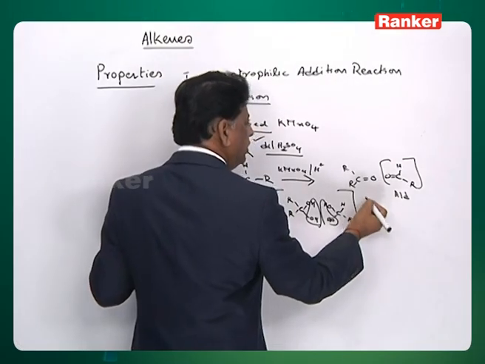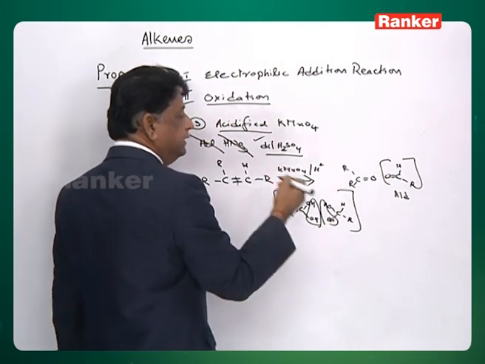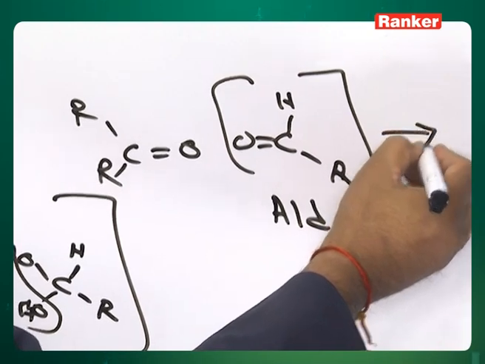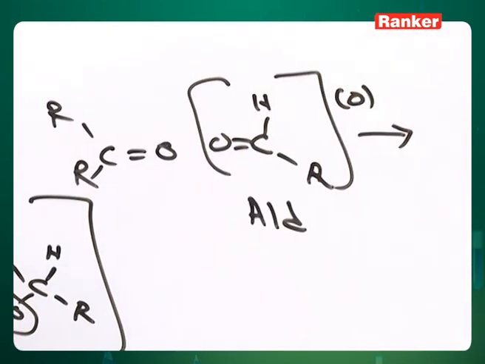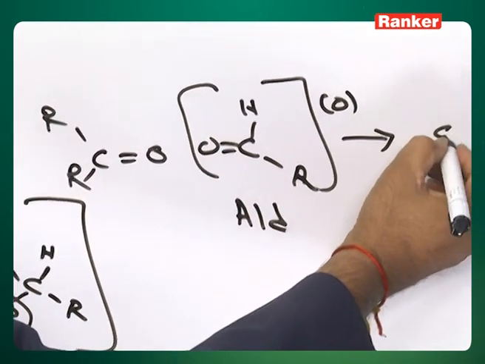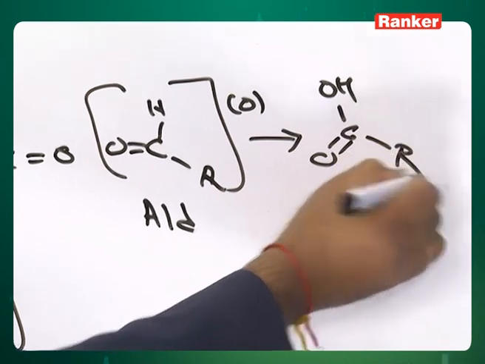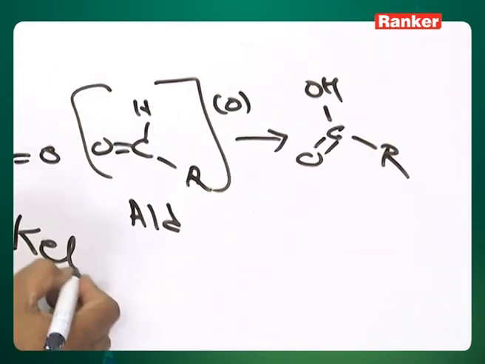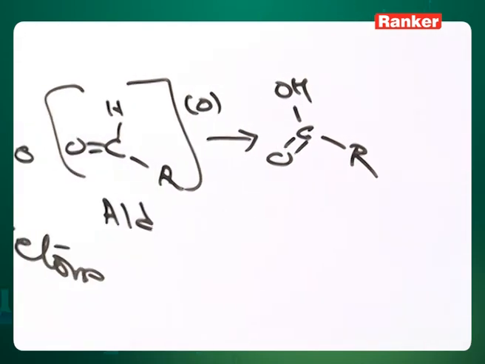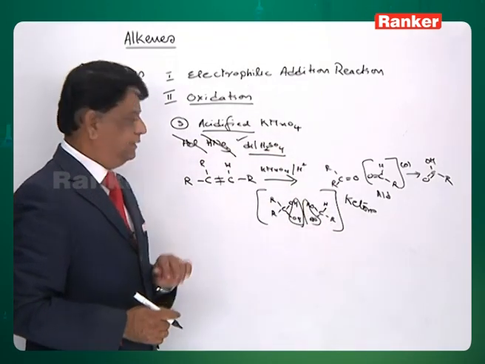Ketone is okay, but aldehyde is unstable because permanganate in acidic medium is a strong oxidizing agent. So nascent oxygen will be available, that will oxidize the aldehyde into the acid. So finally what happened is, the side with the 2 alkyls gave ketone, that remains as such.